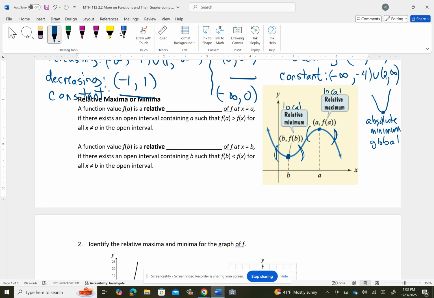So a function value, f of a, is a relative maximum of the function at x equal a if I can find an interval, if I can cut off x values so that when I snip that portion of the graph, f of a is bigger than all the other y values in that interval. Okay.